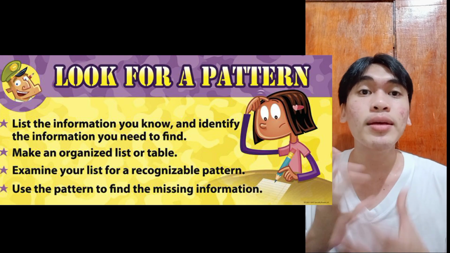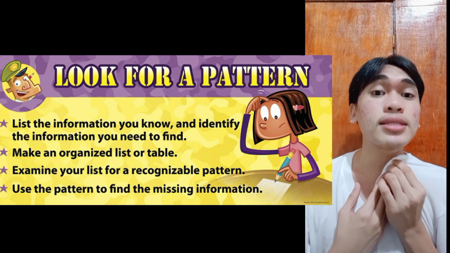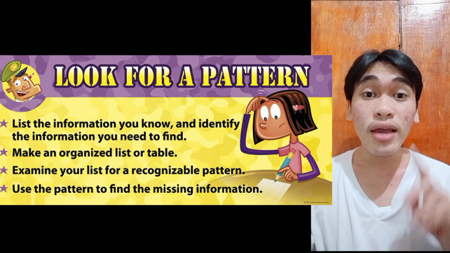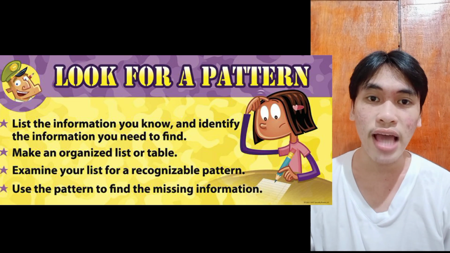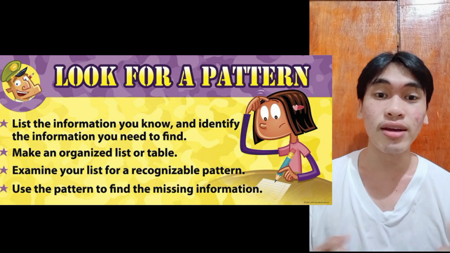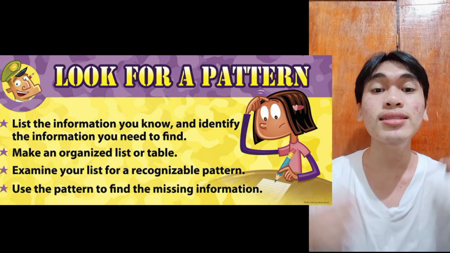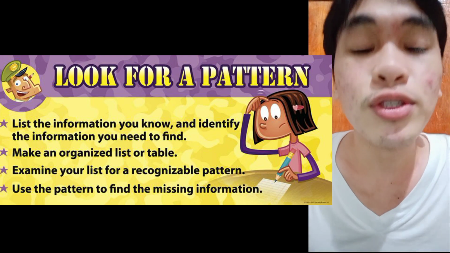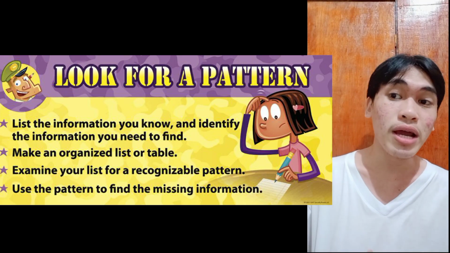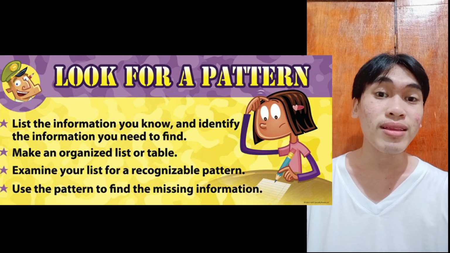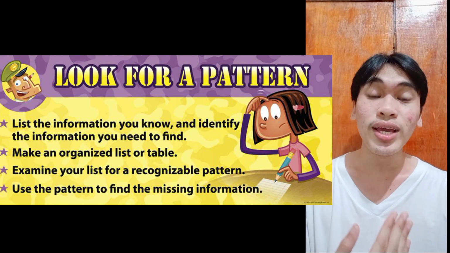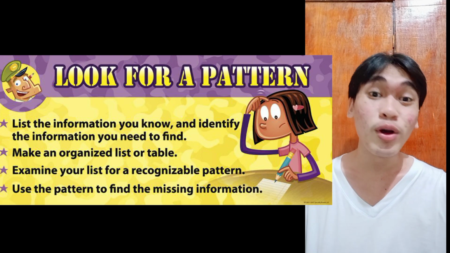Use the pattern to find the missing information. So I had the pattern. What is missing in that pattern? If I have that vigorous exercise, what will happen to me? I get tired, because being tired is a manifestation of vigorous exercise. So what am I going to do is sleep well.